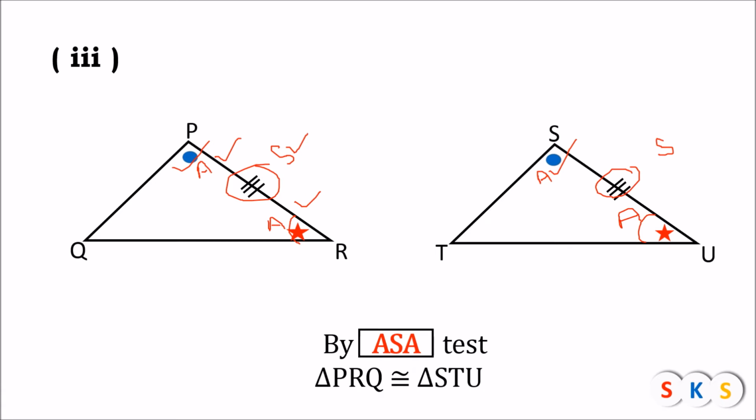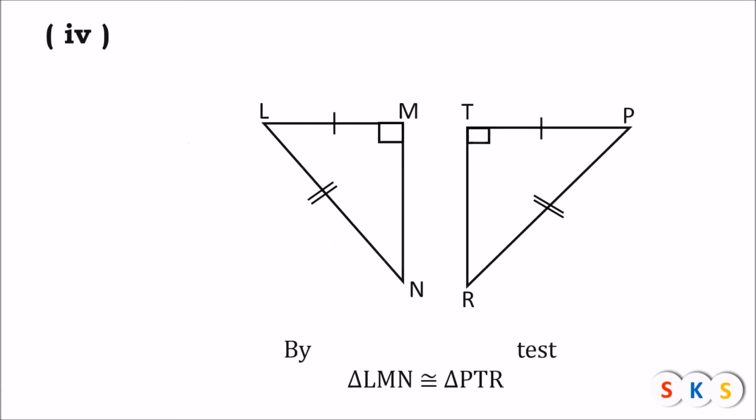Now here we have question number 4, and you can see that both the triangles are right angle triangles. Because here angle M is 90 degree and angle T is 90 degree. So both the triangles are right angle triangles, and you can see that side LN is congruent to side PR, right? Because they got the same kind of mark, and these two sides are known as the hypotenuse of both the triangles.